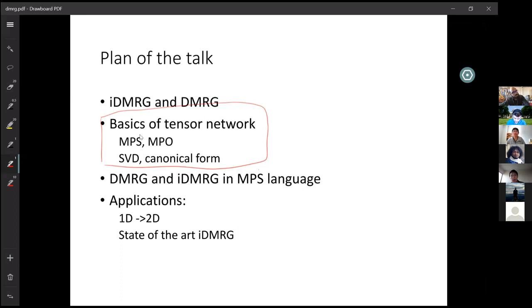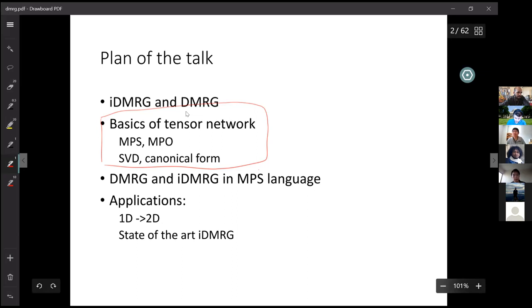So now if you look up the recent literature, people just use matrix product state as a language of describing these algorithms or any new applications of DMRG. I think it's a very powerful tool that is generally helpful.